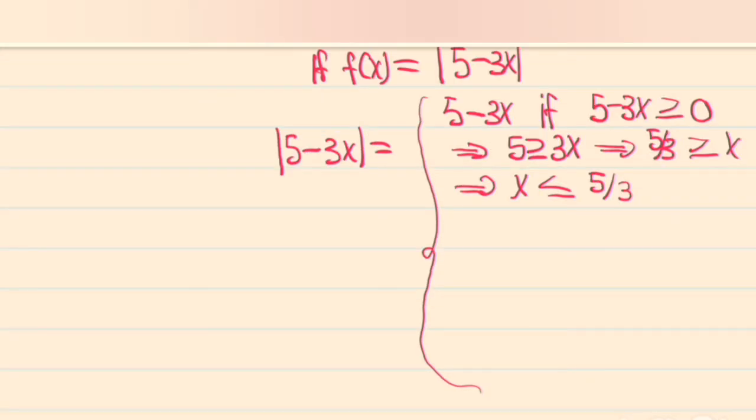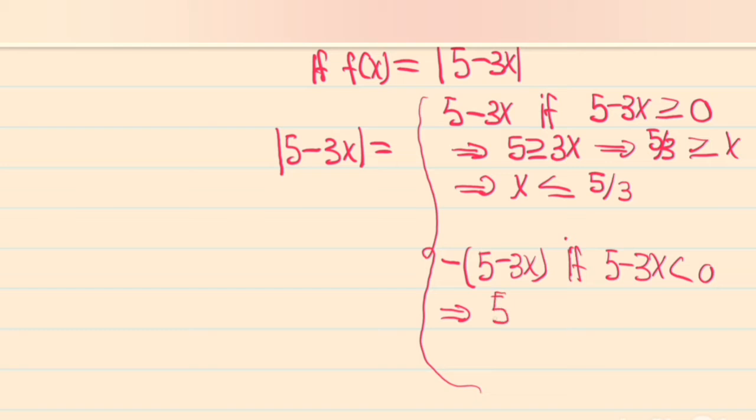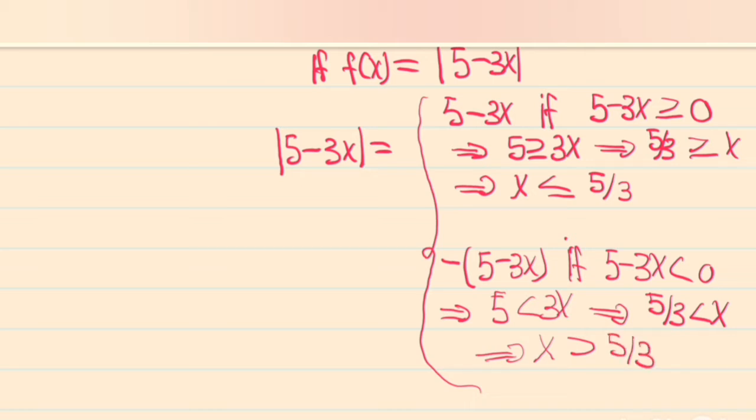And the absolute value of 5 minus 3x is minus of 5 minus 3x if 5 minus 3x is less than 0. This implies that 5 is less than 3x, which implies that 5 over 3 is less than x, so x is greater than 5 over 3.